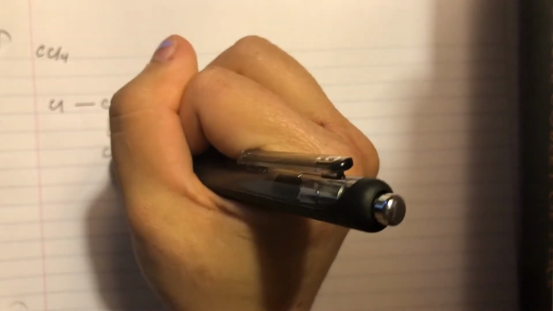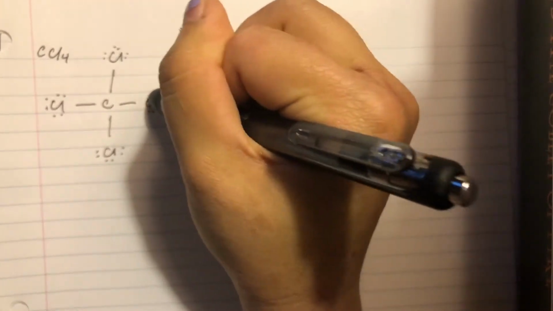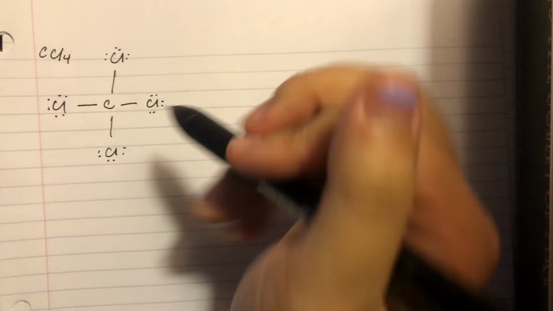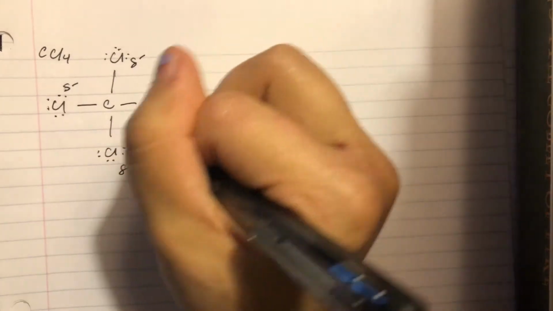Our next molecule is CCl4. We're going to draw the Lewis structure, filling in octets around the carbon. All of the chlorines have a partial negative charge, and the carbon on the inside has a partial positive charge.